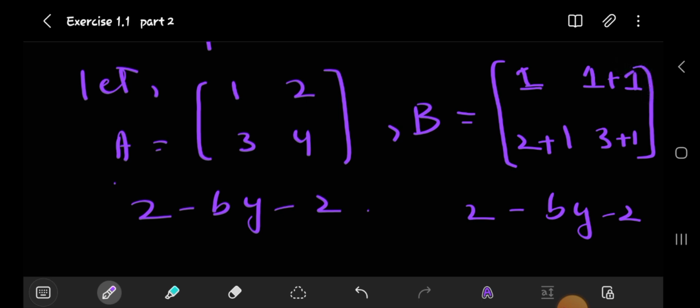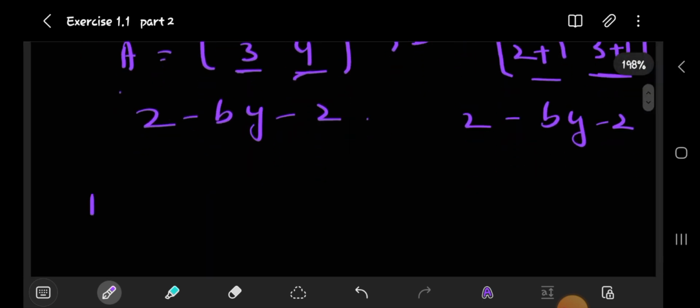Now if we move to matrix B, corresponding to 1 there is also 1. Corresponding to 2, we have 1 plus 1, which equals 2. Corresponding to 3, there is also 3, so we have identical elements corresponding to each other. And for 4, we have 3 plus 1, which equals 4.